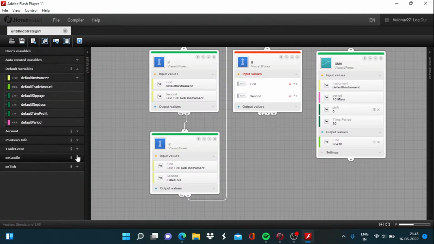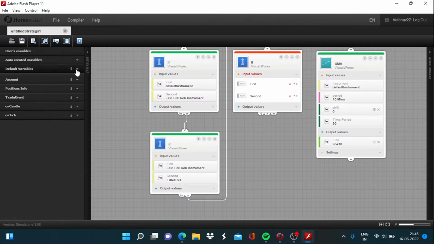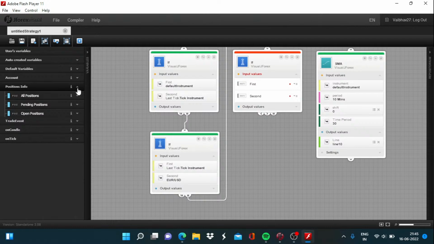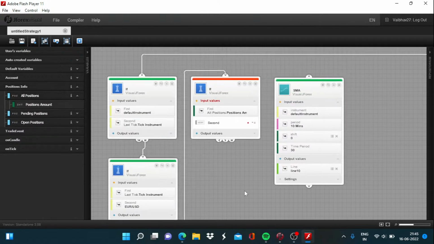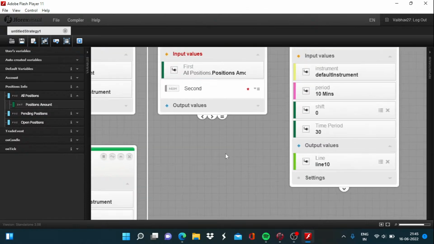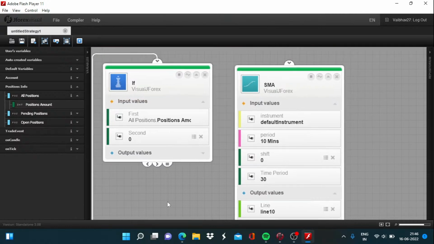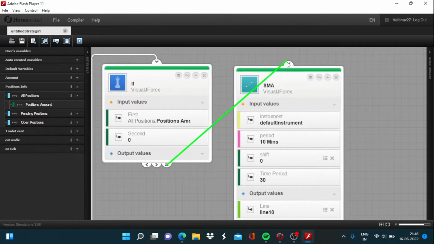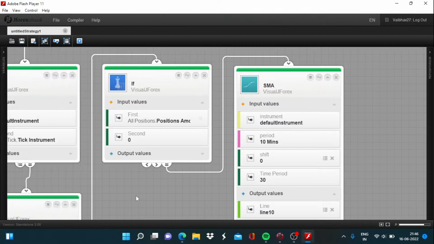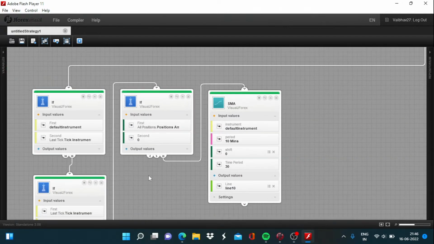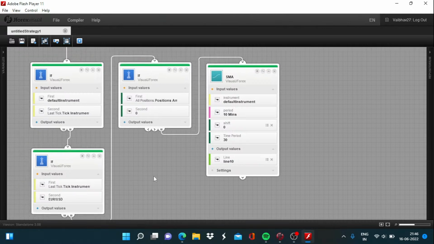Afterwards, we get the position amount info to avoid any doubling down on existing positions. To do that, all position amount needs to be at 0. So again, first input equals second input. All right.